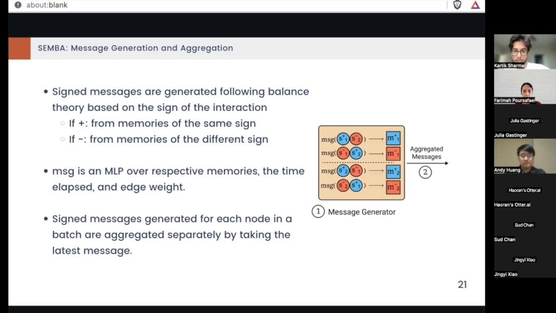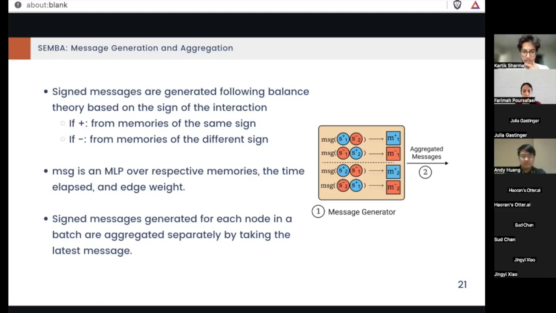A positive memory would generate a positive message, and a negative memory would generate a negative message, based on the sign of the interaction and the other memory that we are combining with. Finally, over a batch, we get this set of signed messages, and we aggregate them separately by taking the latest message, as is done in the TGN model as well.